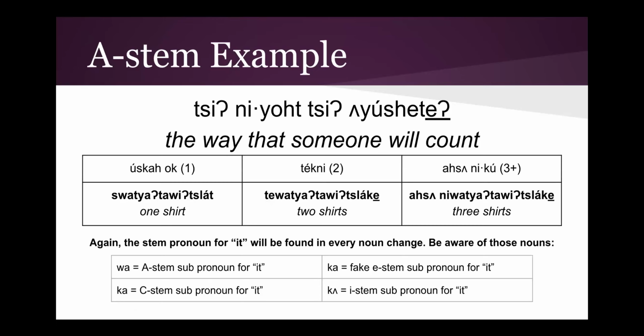Remember when we made more than 1 good shirt, we said wadja the wheat slios. Remember that ending changed a little bit when it was more than 1. So that's the word we would use.